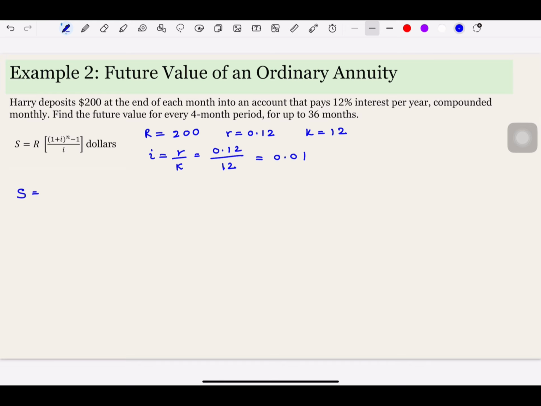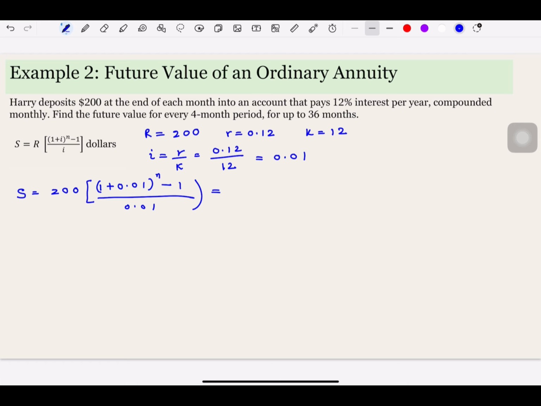If you plug this i value and R value, you'll get your formula as 200 multiplied by (1 plus 0.01) to the power n minus 1, divided by 0.01.